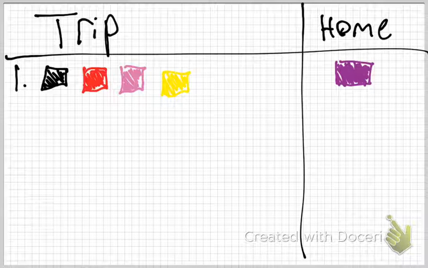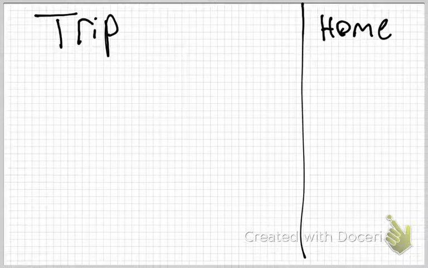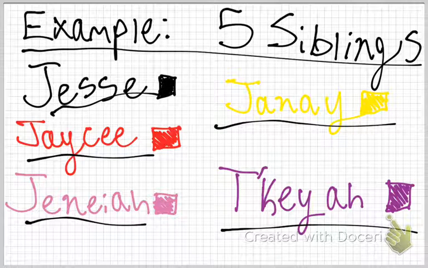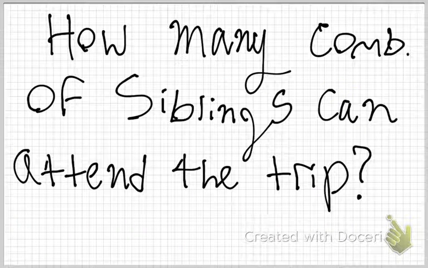Okay, purple stays home. Oh, let me go back. Notice that I color coded each one of the siblings' names. I colored mine with black. JC is red. Jania is pink, yellow, and then we got purple. You don't have to remember which name corresponds to which color.